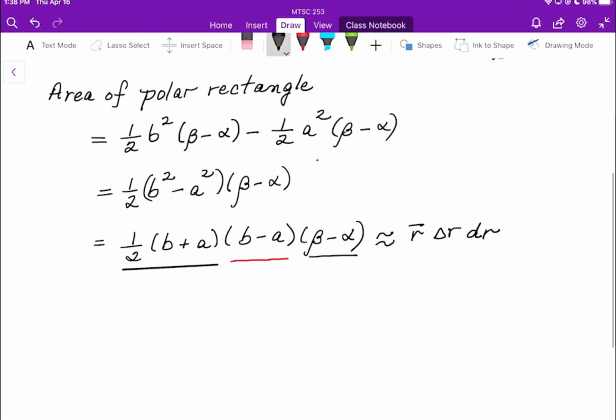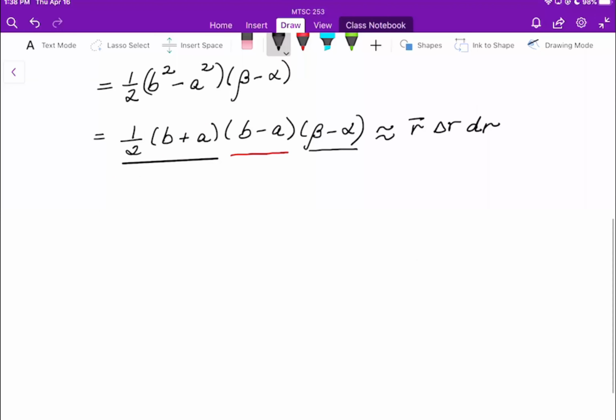Okay, so now what I want to do is the same thing. You all are used to me doing Riemann sums and all that kind of stuff.